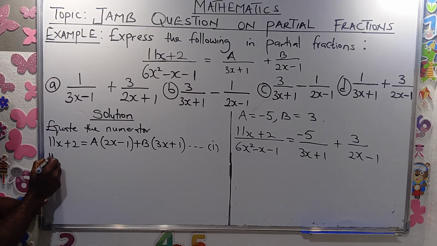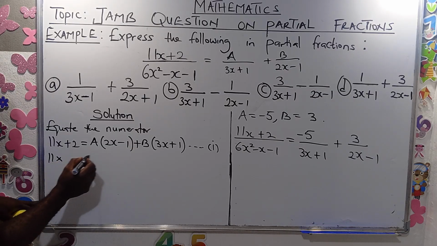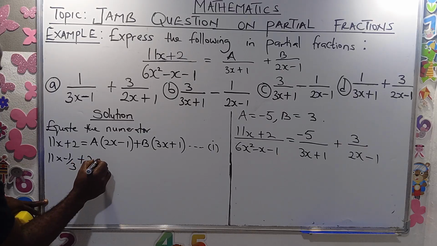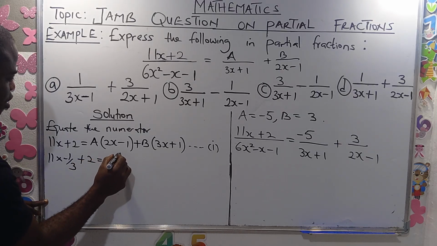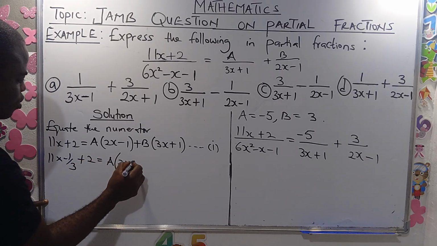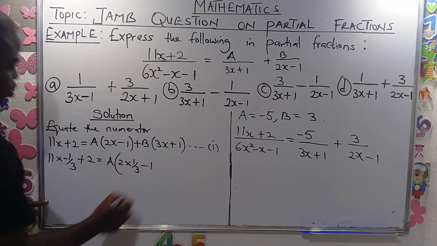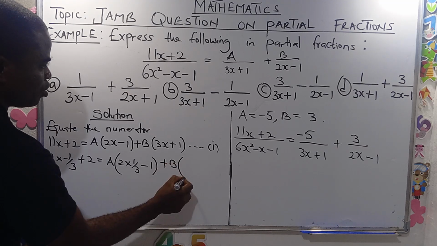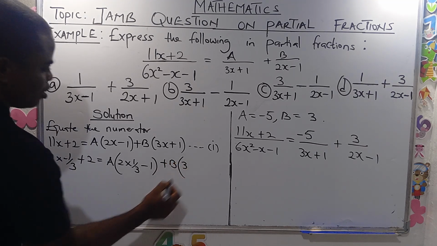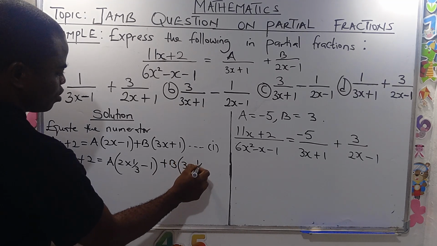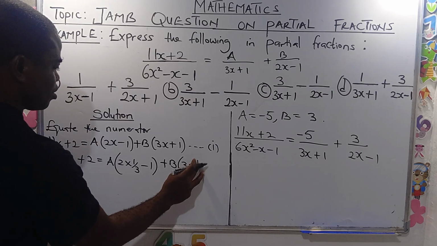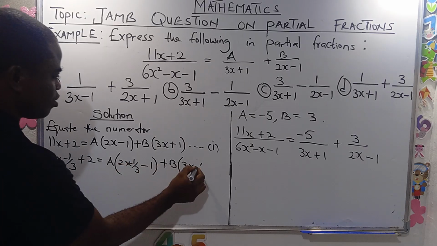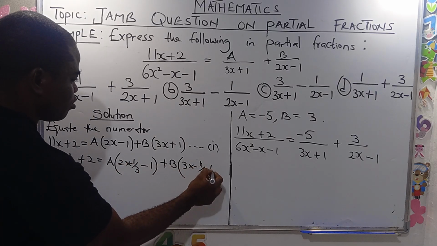11 multiplied by minus 1 over 3 plus 2 equals to A into 2 times 1 over 3 minus 1 plus B into 3 times minus 1 is minus 1 over 3, sorry, minus 1 over 3 plus 1.